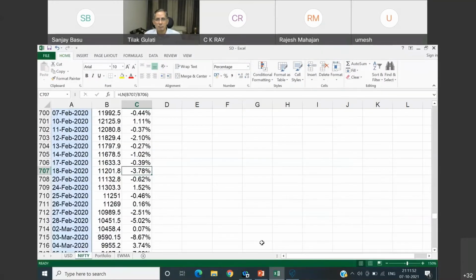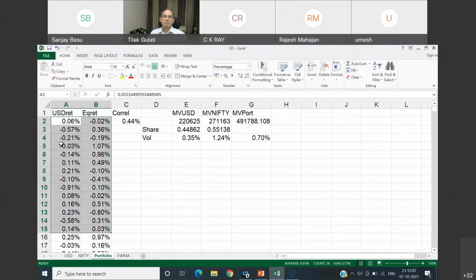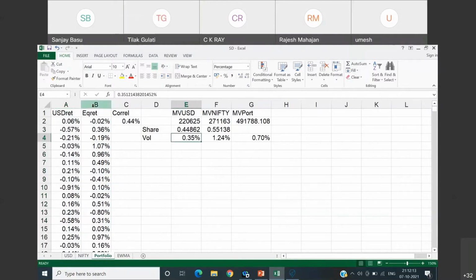Okay. Now let me come to portfolio volatility. So these are the returns whose standard deviations or volatilities we calculated. So we presume that historical volatility as calculated from return data will continue into the future as well.